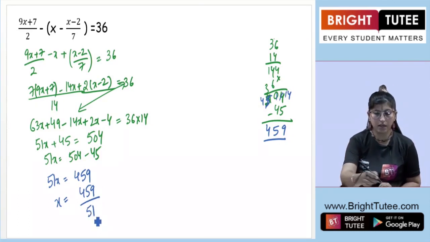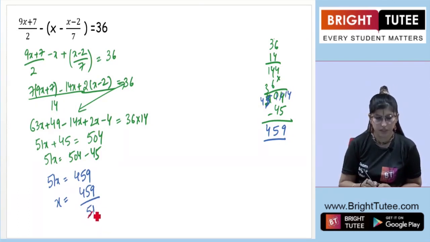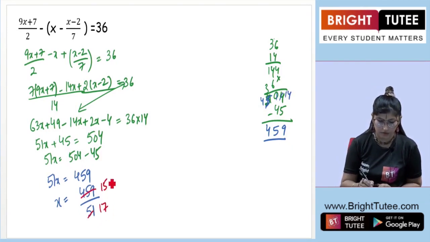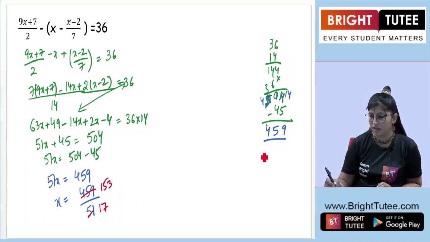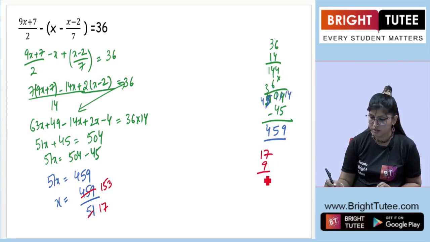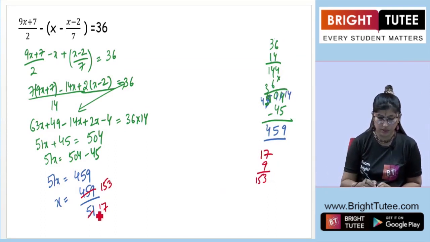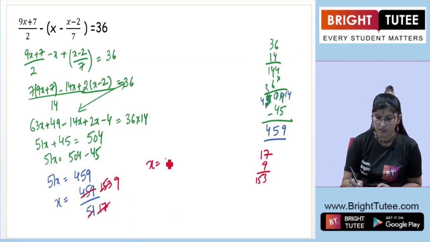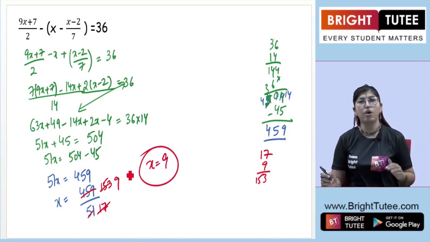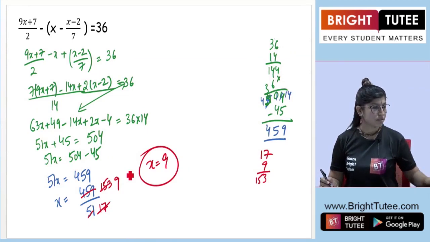So we can cancel that out. Let's start with 3. Now let's try if we can multiply and solve it with 17. 17 times 9, let's write it down, is 153. So yes, 17 times 9 is 153 only. So x will be 9 in this question.